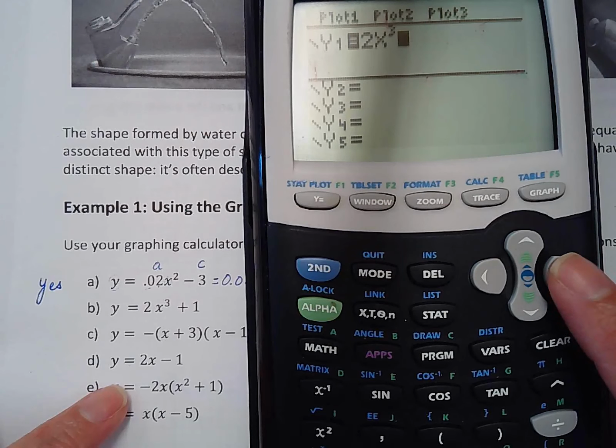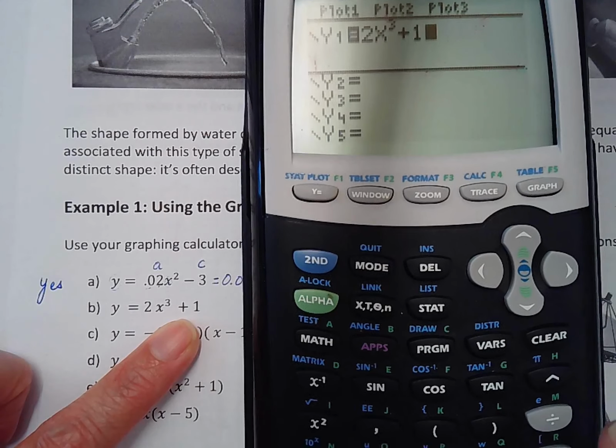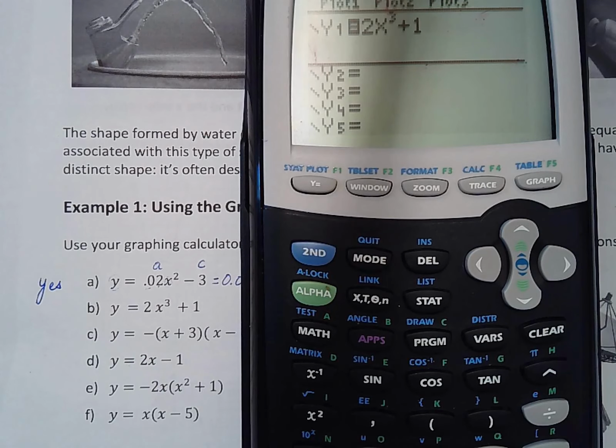Use the arrow key to the right to get rid of the exponent part. So plus 1. Is everybody okay? So 2x cubed. She literally just showed us the cube. Oh, that's square. She showed us 2.